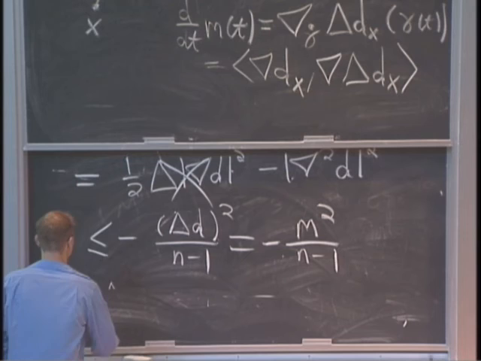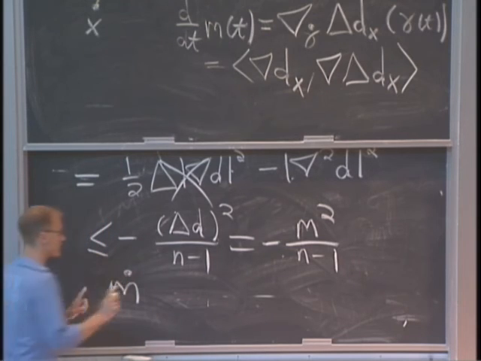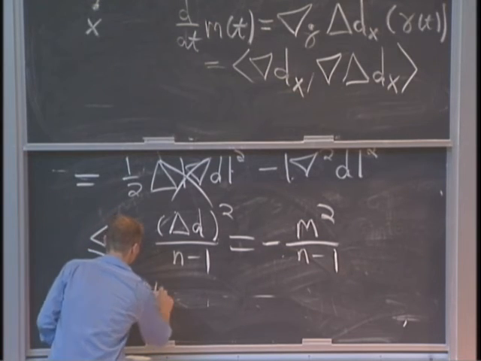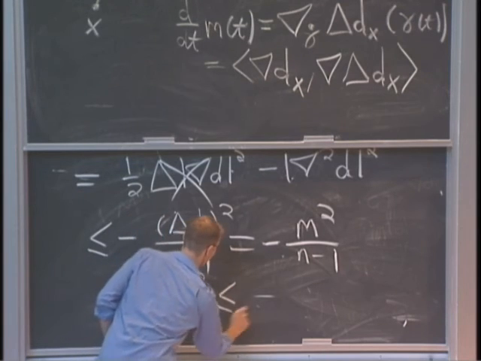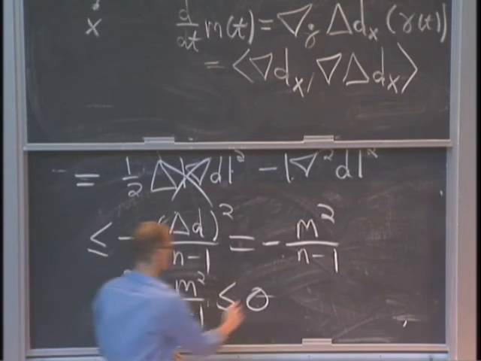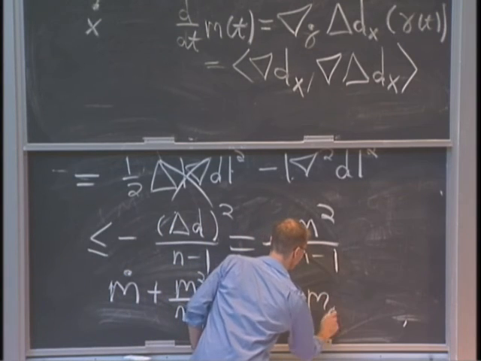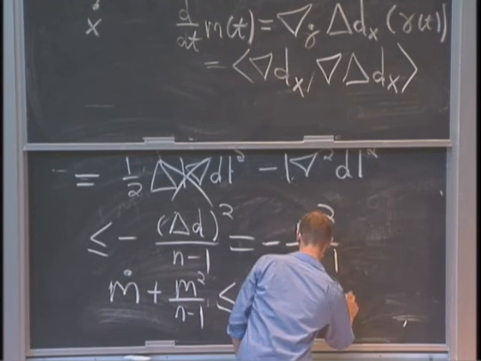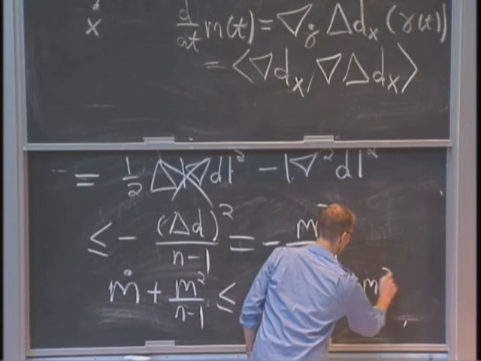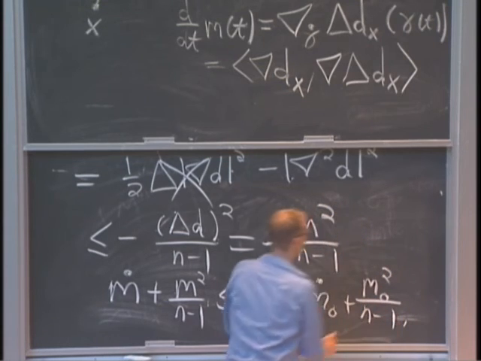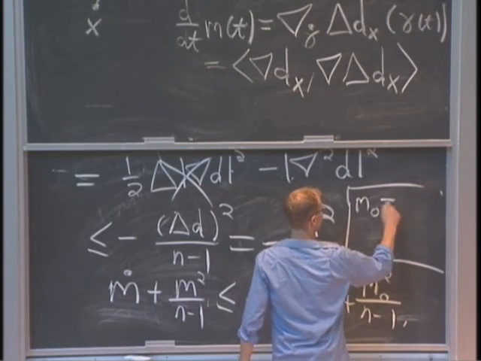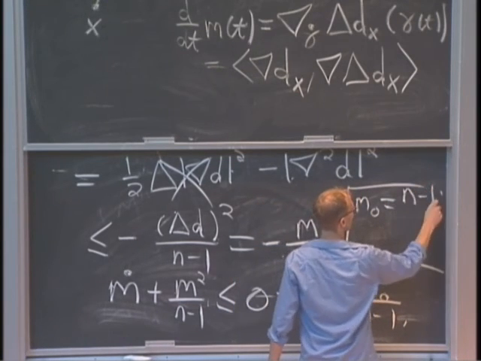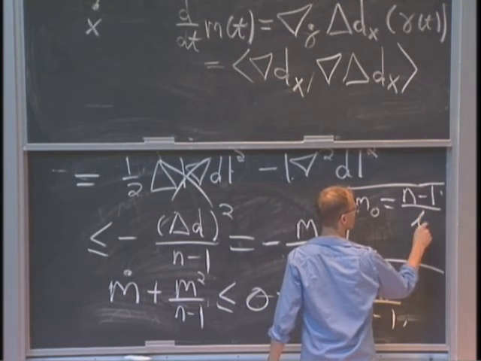So what we've proved is that if the Ricci is non-negative, then m dot plus m squared over n minus 1 is less than or equal to 0. But this is precisely equal to m naught dot plus m naught squared over n minus 1, where m naught is simply equal to what it is that we're trying to bound by, n minus 1 over t.